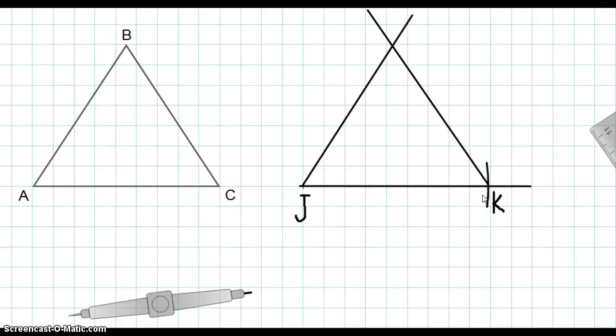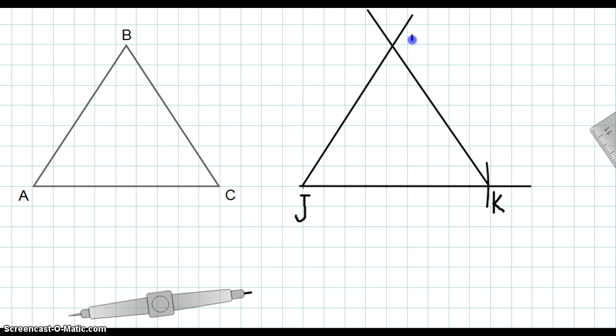Now, I think you can see exactly why I said make your lines longer when you are completing your angle, because look, by making the two angles, we've actually completed our triangle. Where the two lines intersect is the last point of your congruent triangle.